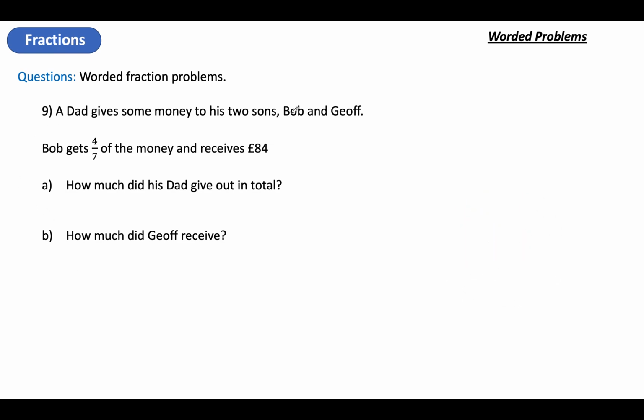So Dad gives some money to his 2 sons, Bob and Geoff. Bob gets 4/7 of the money and receives £84. How much did his dad give out in total? Well, 4/7 is the same as 84. Well, let's find out what 1/7 is. Now, to do that, I've got to divide it by 4. I don't want 4/7, I want 1/7. 4s into 84 is 21.